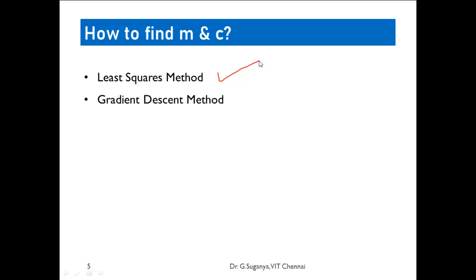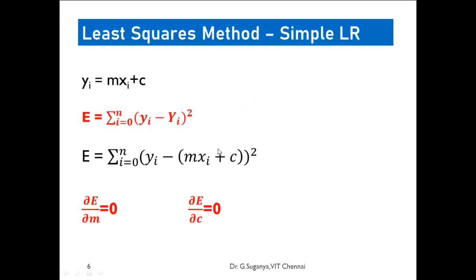There is also one more concept in machine learning, the gradient descent method, which is of more use. To start with, randomized values of M and C are taken to arrive at a more optimized value. We'll have a detailed session to understand what gradient descent means, right? So as of now, we'll move with the least squared method. That is the solution that is available in the scikit-learn library also.